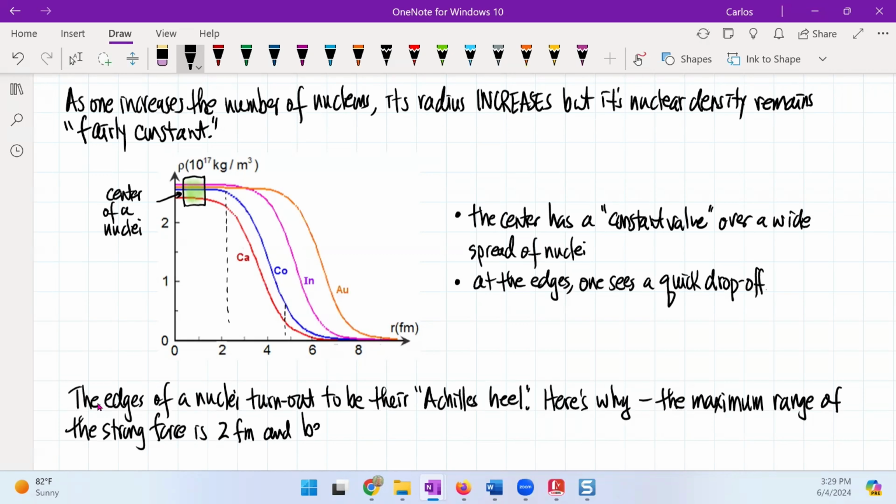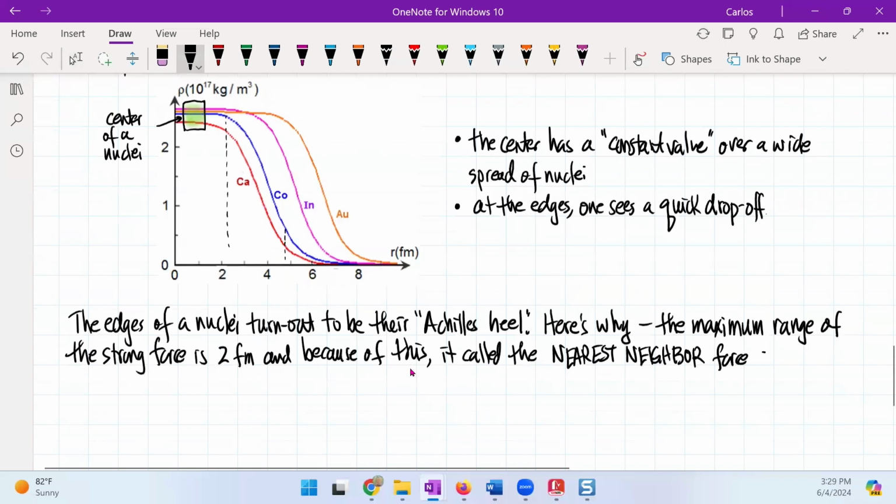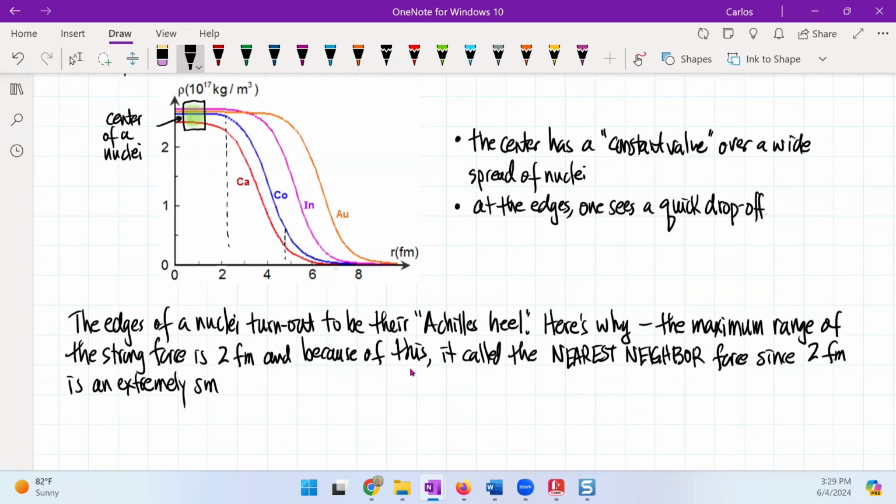And because of this, it's called the nearest neighbor force, since 2 Fermis is an extremely small distance.